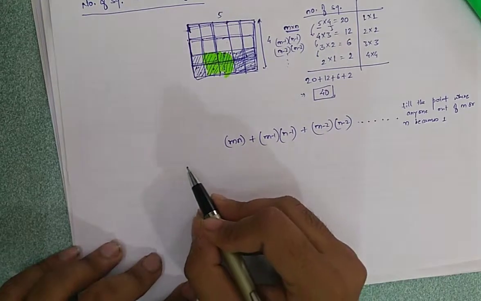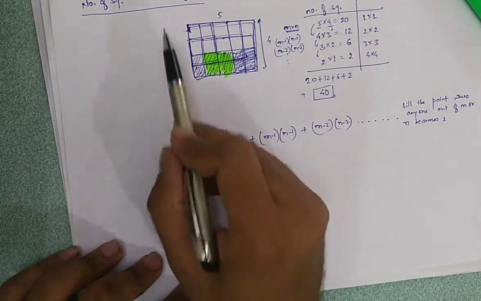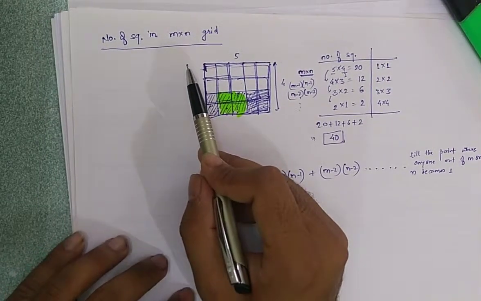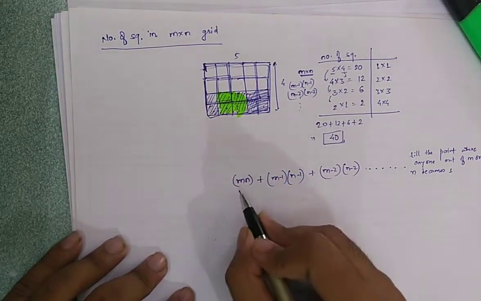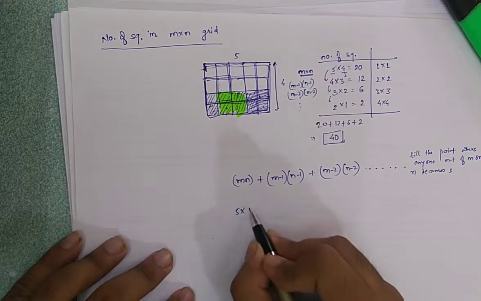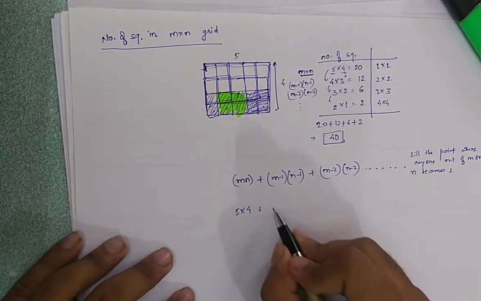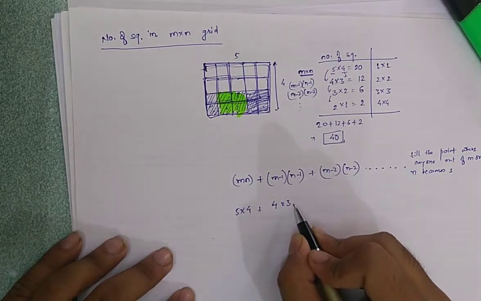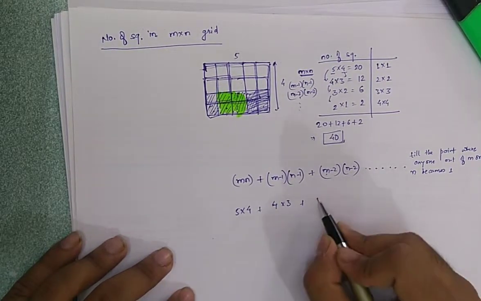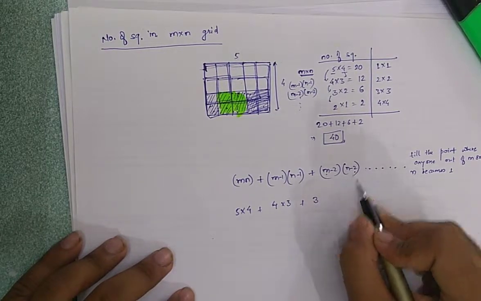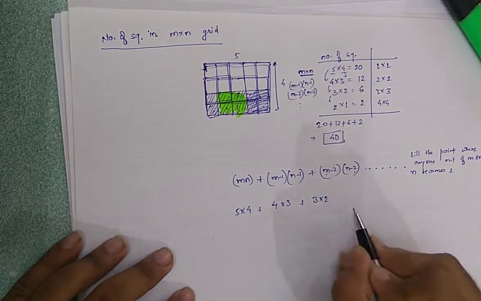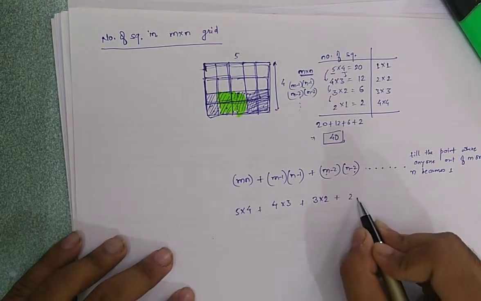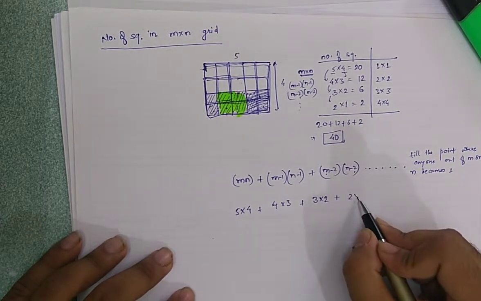For example, if we have to calculate the number of squares of m into n kind using this formula, the value of m is 5, n is 4, plus 5 minus 1 is 4, 4 minus 1 is 3, 5 minus 2 is 3, 4 minus 2 is 2, plus m minus 3 will become 2, n minus 3 will become 1.